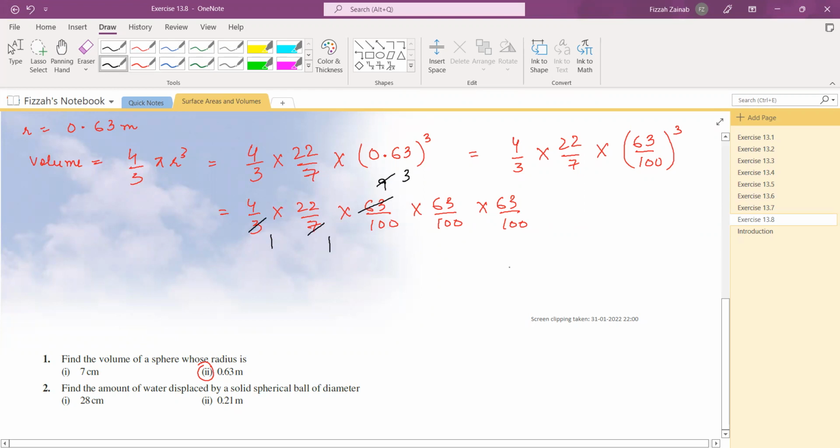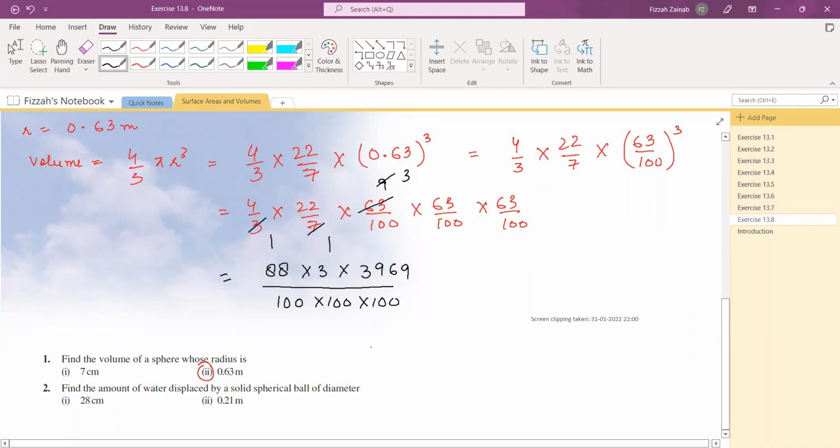Can anybody multiply? This is 4 into 22, which is simply 88, into 3 into 63 into 63. Please find out, Hamna. Ma'am, 3969.